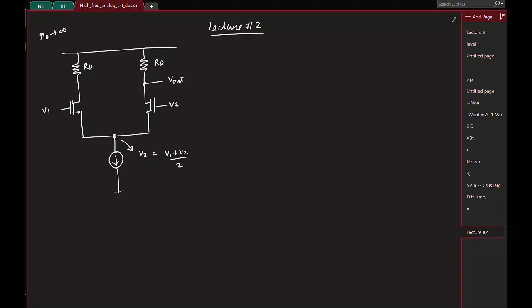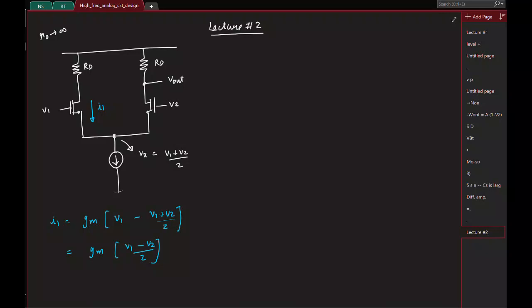So if that is the case, you know that the incremental current flowing here is Gm of the transistor times the gate to source voltage, which was basically Gm times (V1 minus V2) by 2.